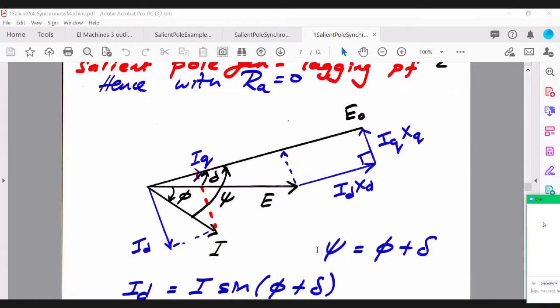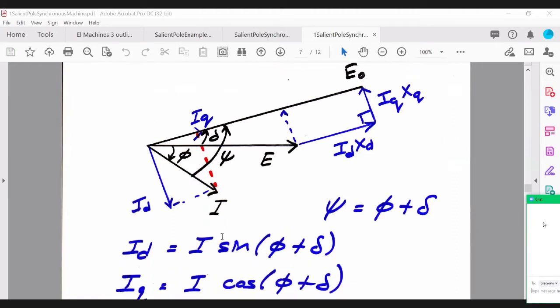The reason why we've combined those two angles is we want to find the two components of the current, right? So you need to know what this angle is so that you can resolve the phasor I into two components.